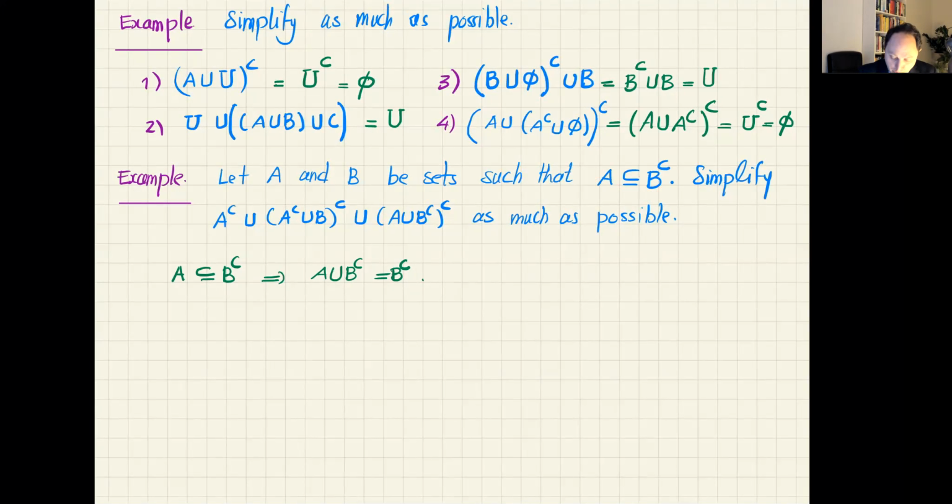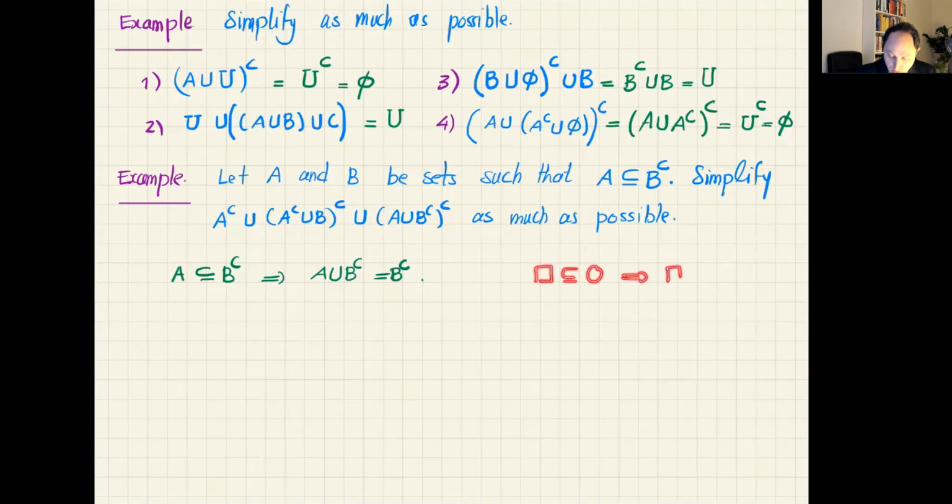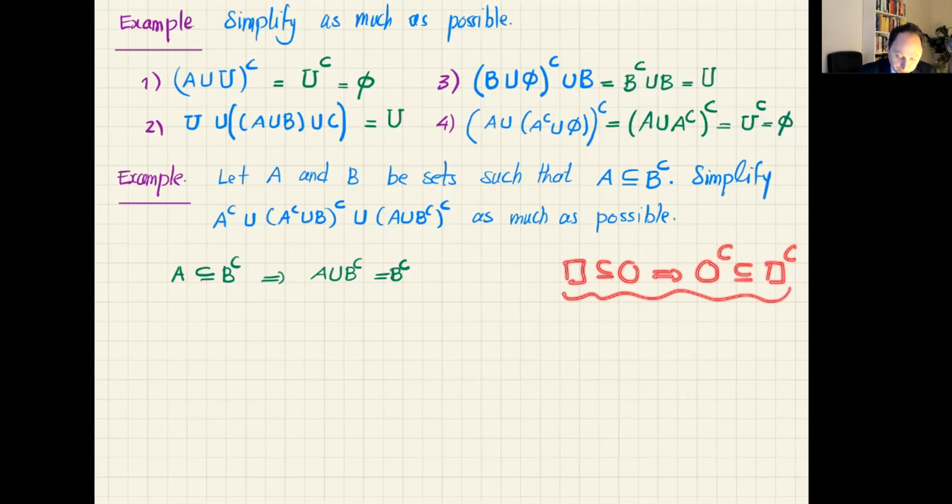But if you remember a previous lesson that I just refreshed your memory on in the beginning, if this one is a subset of this one, you can immediately write that the complement of the right-hand side is a subset of the complement of the left-hand side. This is what we learned in the previous lesson.